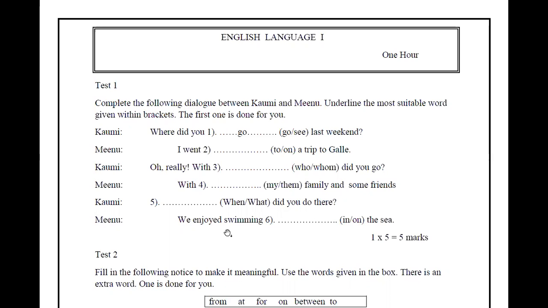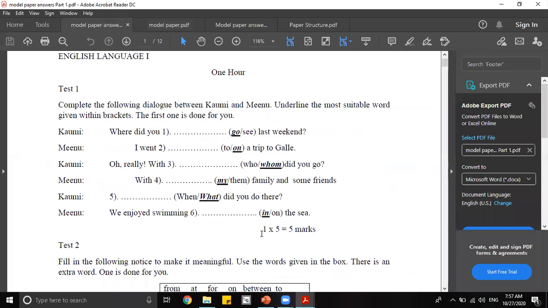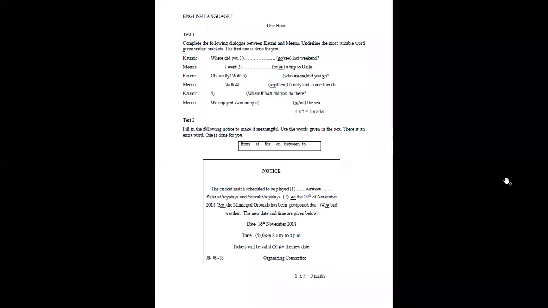Now Meenu is answering, we enjoyed swimming in, or on, the sea. I'll be giving you some time so that you can really understand. You can guess the word. We can see the answers.